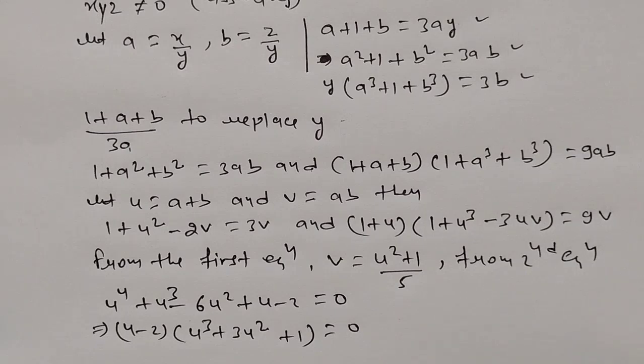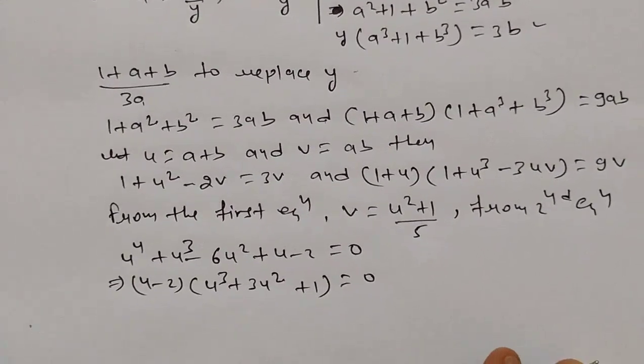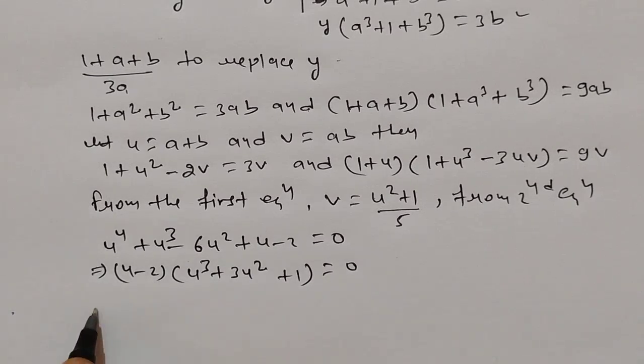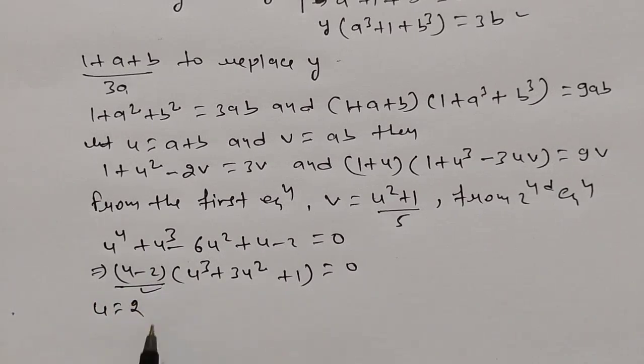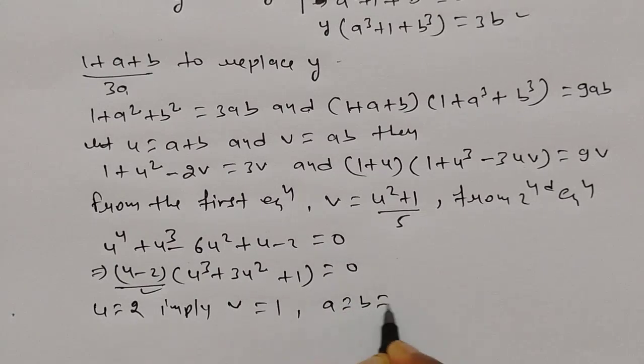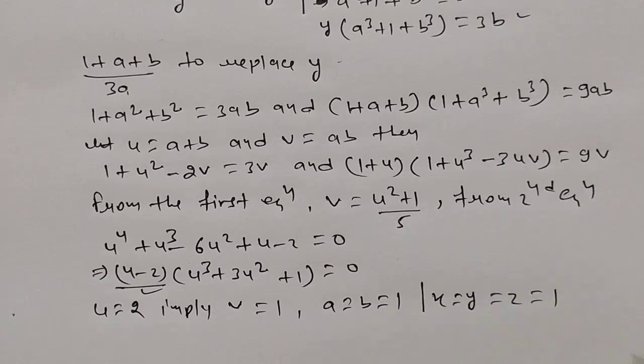We can write the value of u as u is equal to 2, because this is the first factor. So u is equal to 2, and this implies v is equal to 1, and a is equal to b is equal to 1, which means x is equal to y is equal to z is equal to 1.